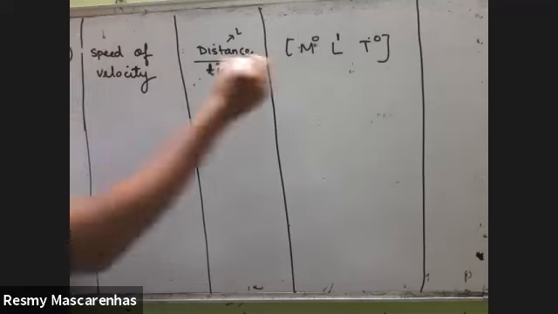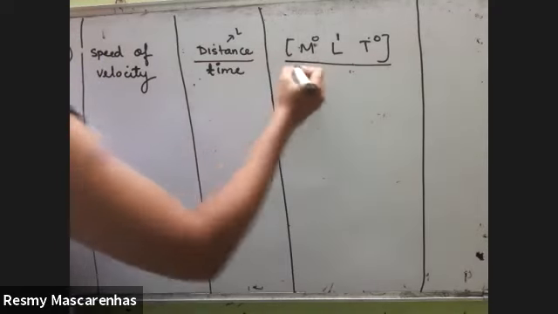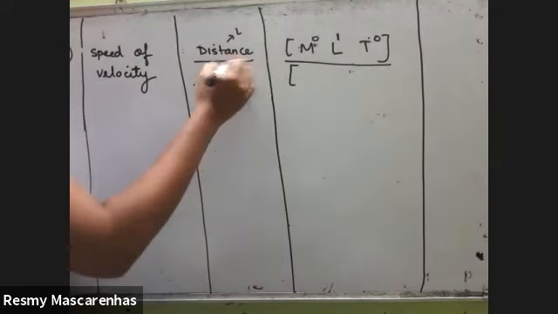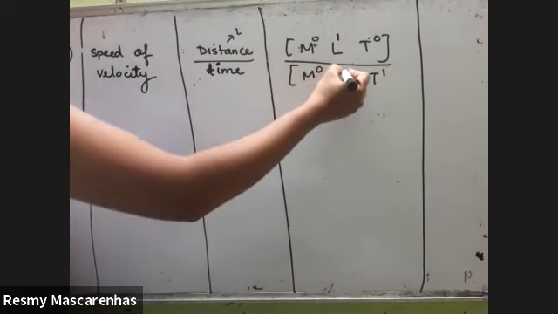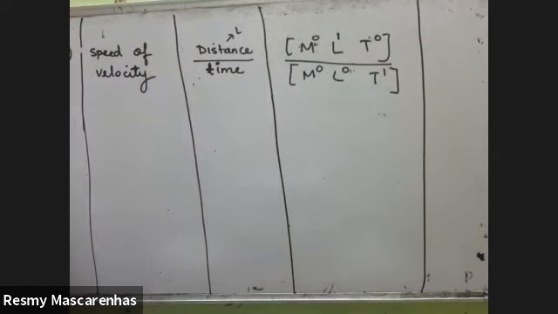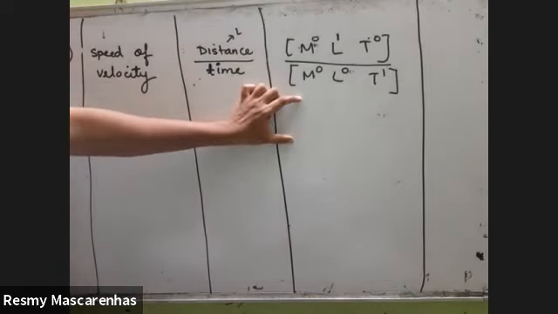And over here, upon means you have to write it down only. Time. So time will be 1, and the remaining two will be 0.